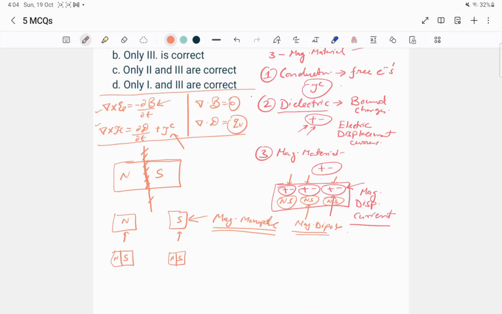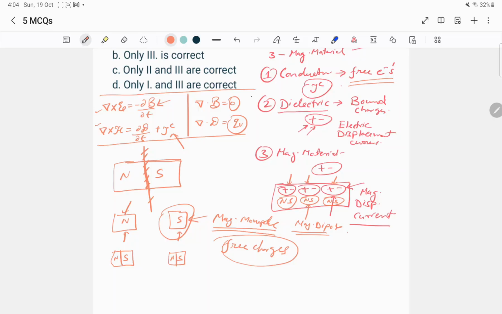Because of the absence of magnetic monopole, we do not have free charges present inside a magnetic core or a magnetic material. Like in case of a conductor, we have free electrons, right? But in case of a magnetic core, you cannot have free charges. Like you cannot have only a north pole moving around anywhere.